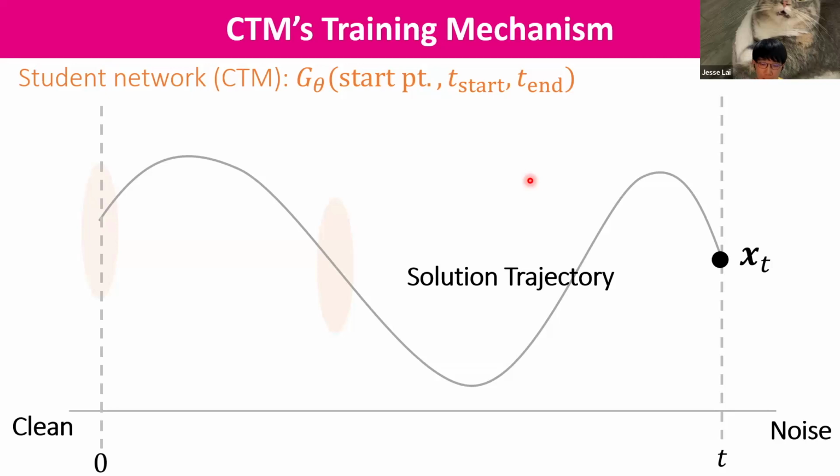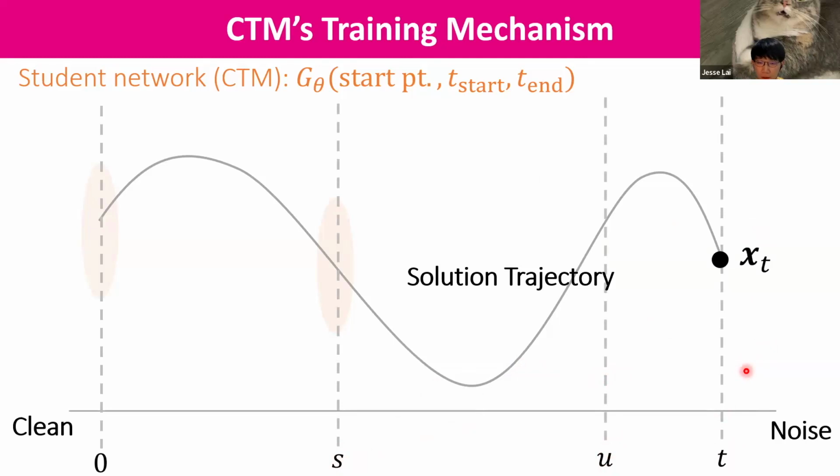How we do that is, first we randomly sample xt at a random time t, and then we randomly decide the endpoint, which in this notation is s. Then we randomly decide the interval from which we distill the teacher information, which in this notation is from u to t.